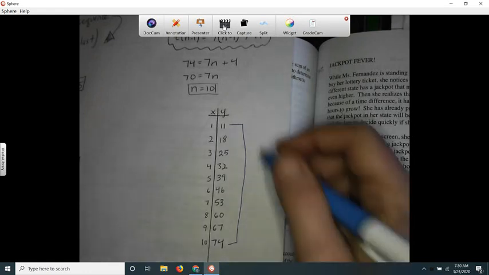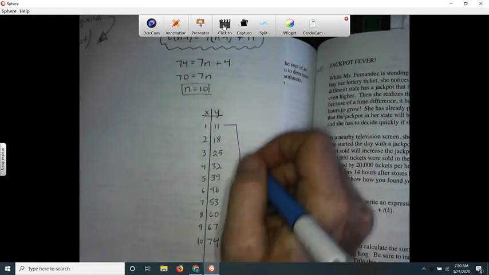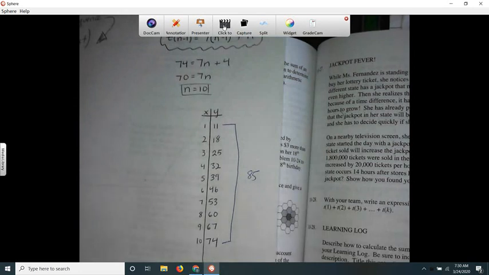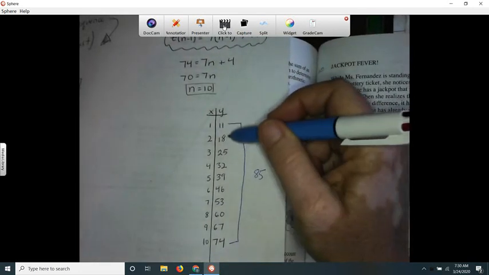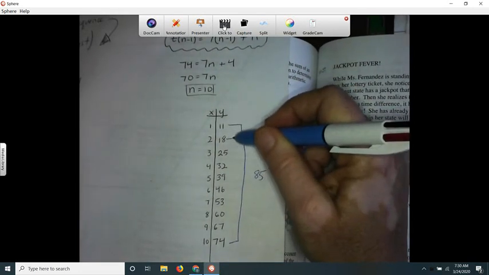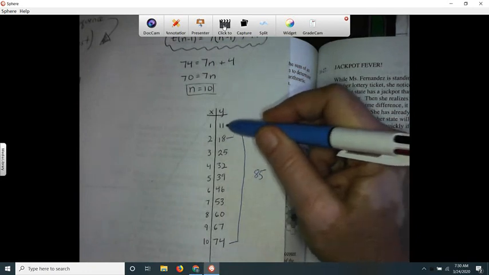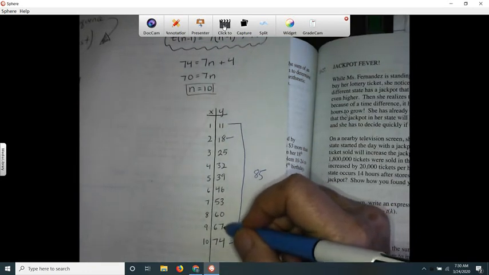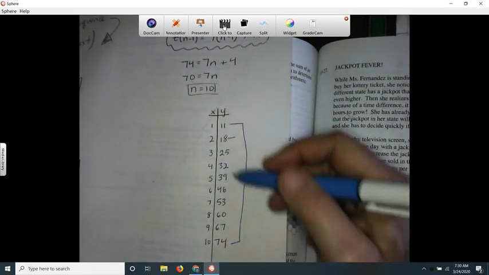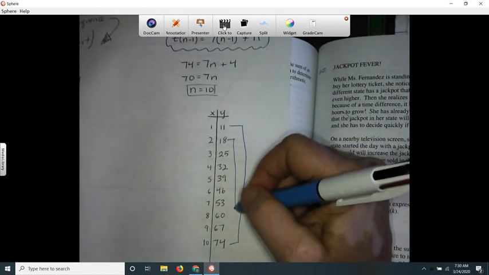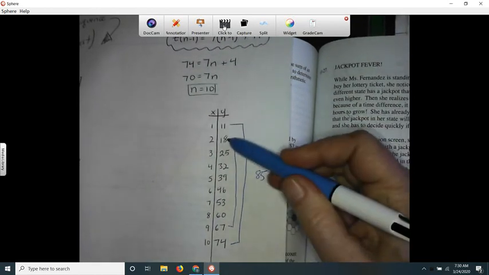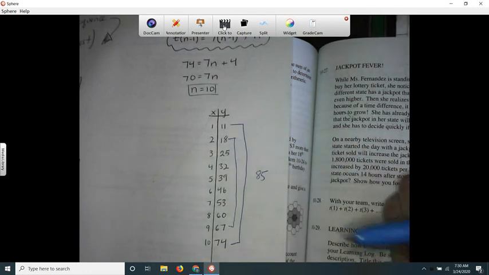I get 85. But because 18 is 7 more than the 11, but 67 is 7 less than the 74, I hope this makes sense to you. If I add the second and the ninth term, it's going to also add up to 85.